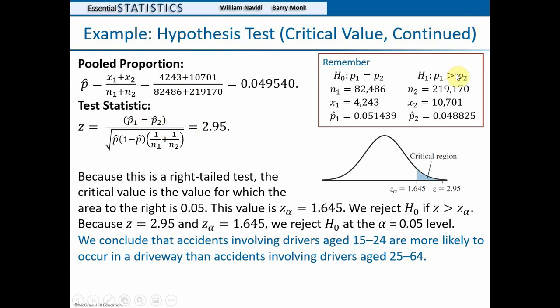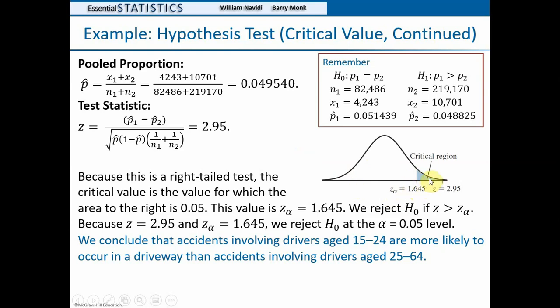Which version? A right tail test, because it's pointing to the right. The P1 is always to the left side, and then the relationship to P2. So it's greater than P2, so that's pointing to the right. Now we had alpha 0.05 level. I go through and look at the standard normal because I'm talking about Z's, area to the left.